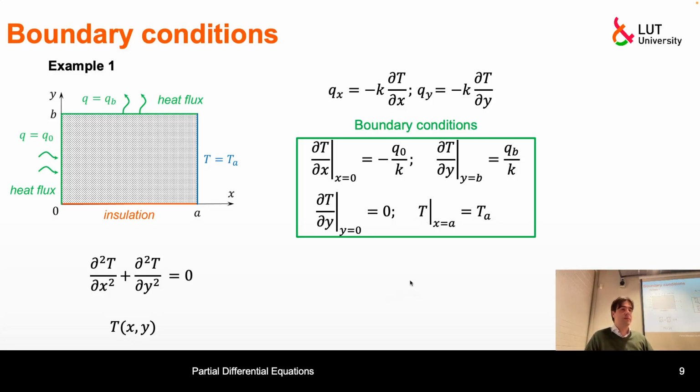Looks quite simple, but I want to talk a little bit more about this, because this is the moment where some confusion often arises when people first start solving heat conduction problems numerically.